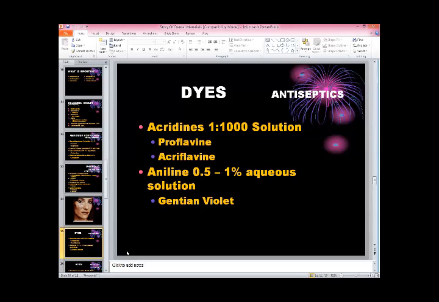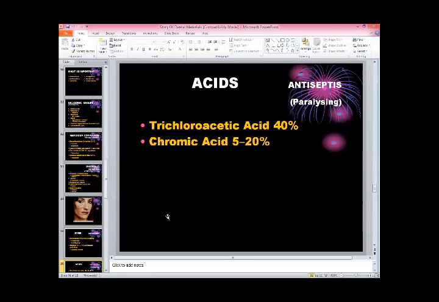We are using these dyes, and they leave permanent staining. And then we can say that there are acids also. Chromic acid we are using. Every acid is killing the bacteria.